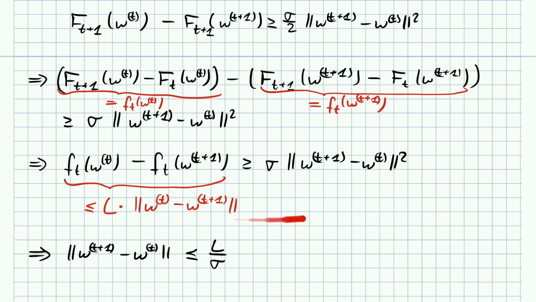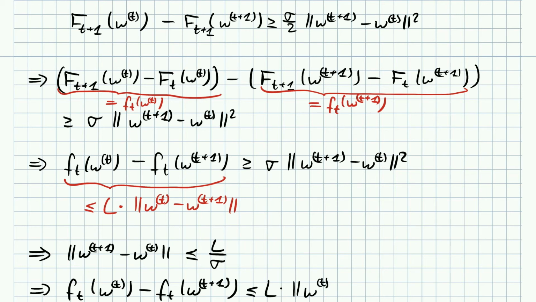This is what's coming out of this inequality. And this tells us that f_t of w_t minus f_t of w_{t+1} is at most L times the norm of the difference between the 2 points, and we know that this norm is at most L over sigma, so this is at most L squared over sigma.